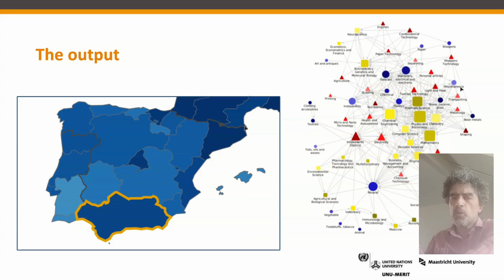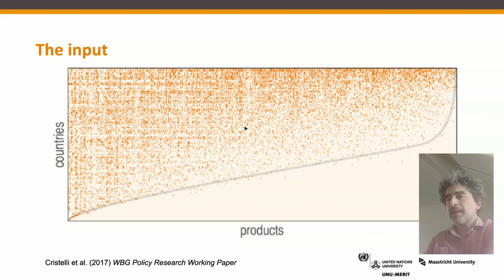What we do with this, we build basically 2 forms of indices. On one side, we build indices connected to the ranking of countries and products. So the idea being that there is a natural order of rows and columns, with advanced countries on top and least developed countries on the bottom, complex products on the right, and simple products on the left.